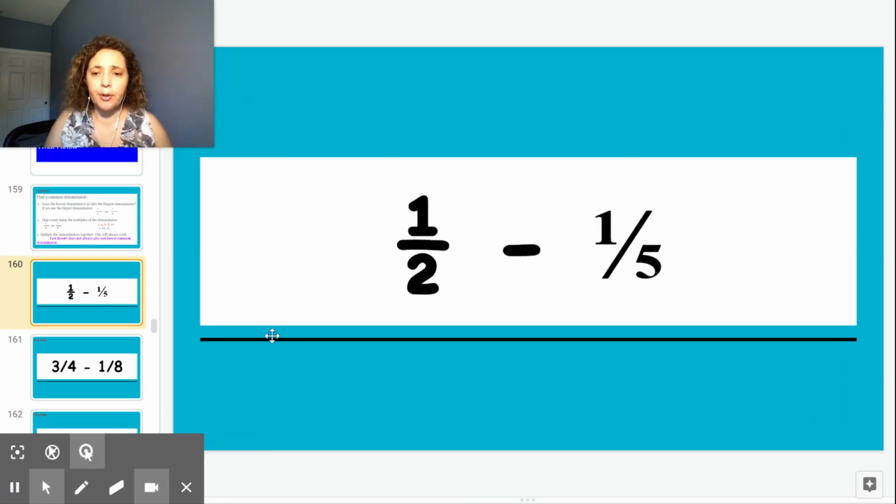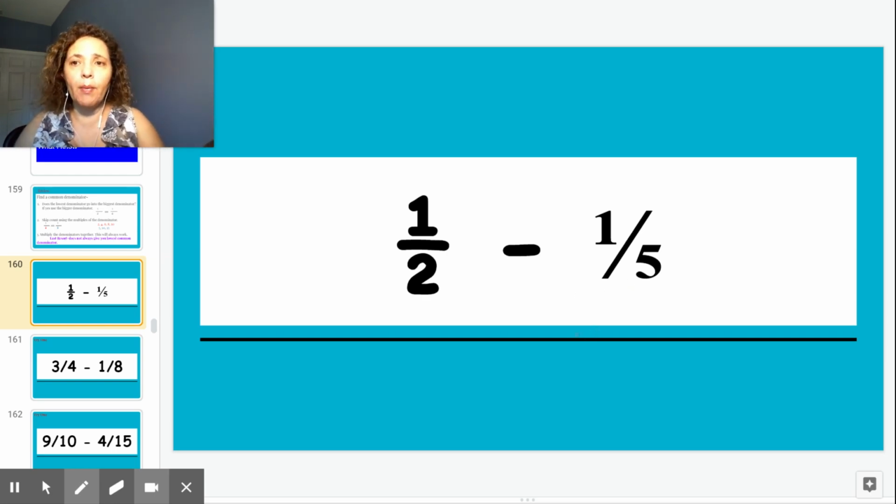Okay, so let's try one. 1/2 minus 1/5. First I'm going to see, does 2 go into 5? No, that was my first strategy, right? See if the lowest denominator goes into the biggest denominator. No, it does not. So then I'm going to write down my multiples. I'm going to use 2, 4, 6, 8, and 10.